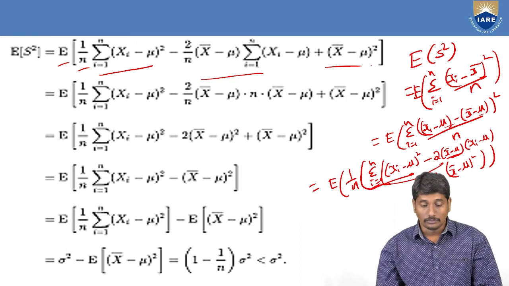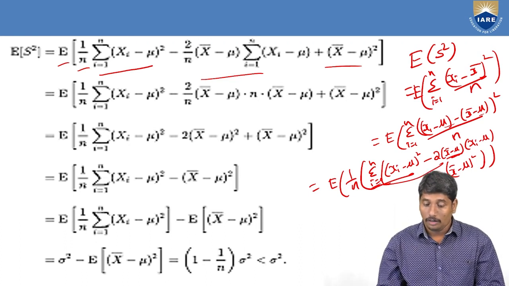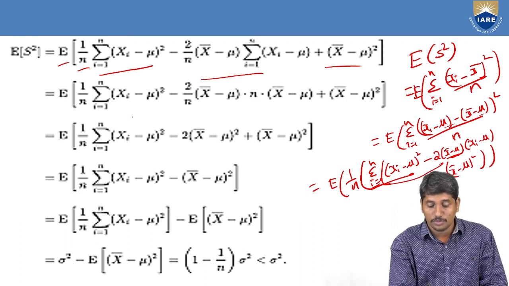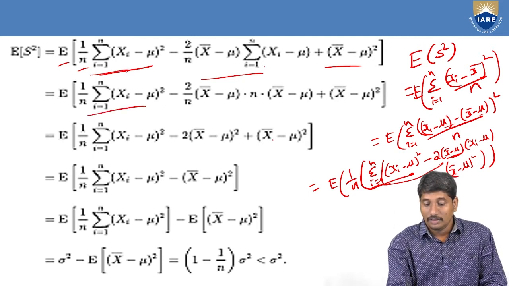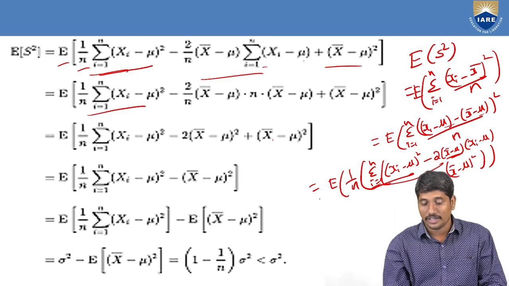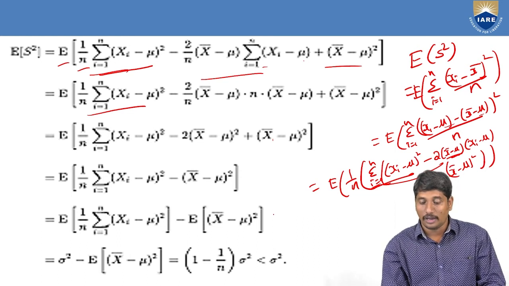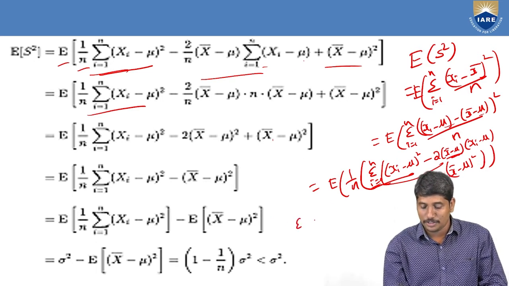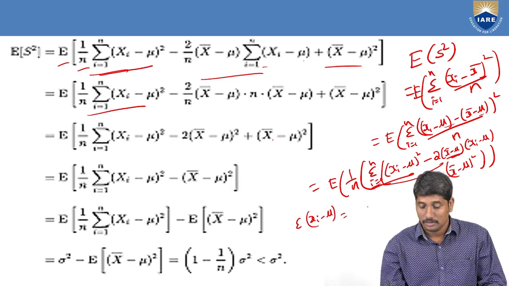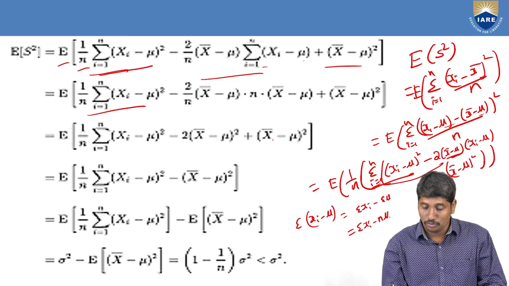Now here, if you observe, this step is written the same, and here we have summation xi minus mu. That means you can write it as summation xi minus summation mu, that is summation xi minus n mu, right?